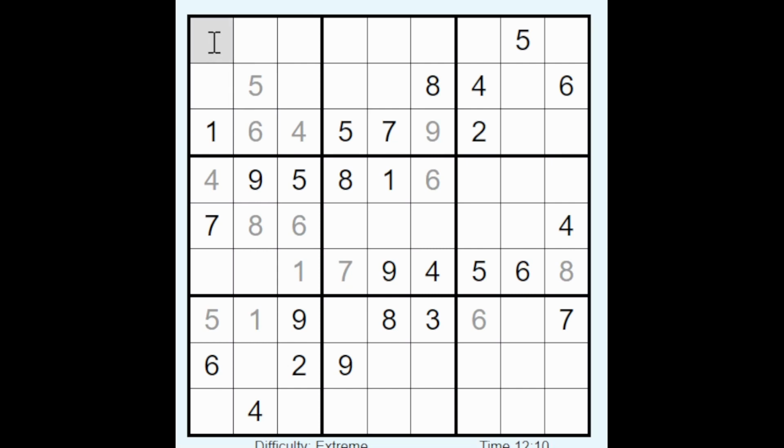But no matter whether it goes here or here, we call this a ghost 8. And in combination with this 8 here, we need to find an 8 for one of these two cells, don't we? And it can't go in this cell because of this 8 already present in column 9. So this is the 8, and this cell now must be a 3.